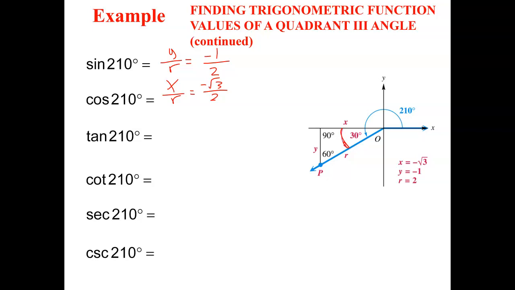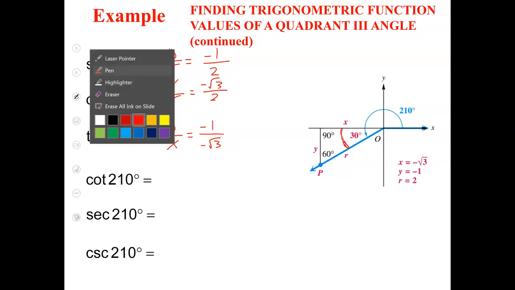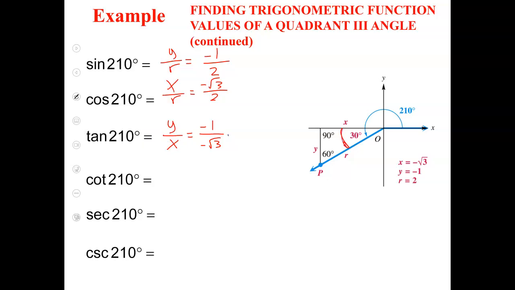What do we use for tangent? Y over X. So what am I going to have? Well, we'll have to rationalize. You got a little bit ahead of me, but you were correct. So y is -1. X is -√3. I need to rationalize. How do I rationalize again? Multiply by √3.